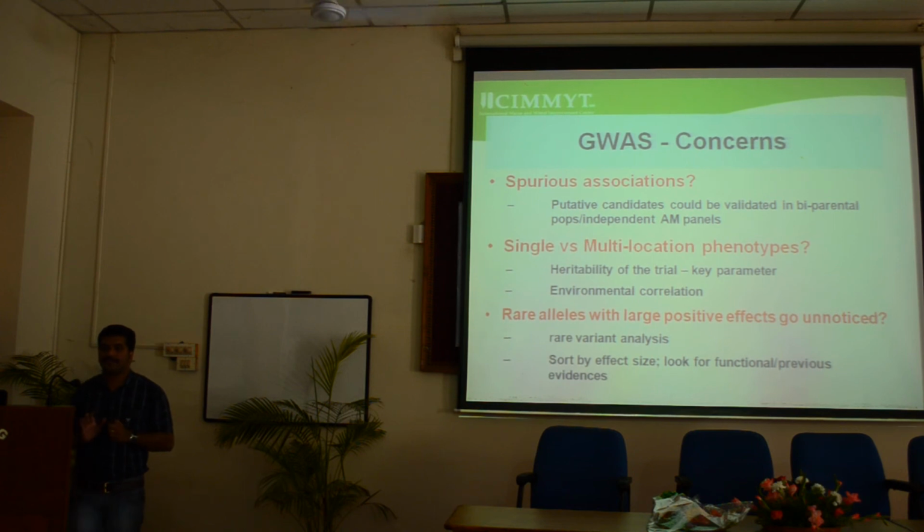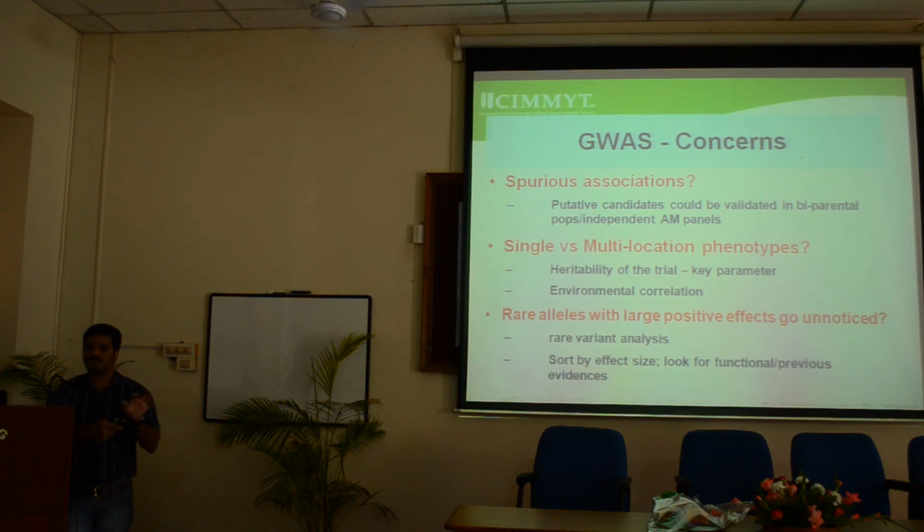Okay, so like any approach, this association mapping also has significant disadvantages. Can anyone tell, to break the monotony, what are the drawbacks of association mapping? What have you read? False positives, right? Yeah, many of the associations tend to be spurious.